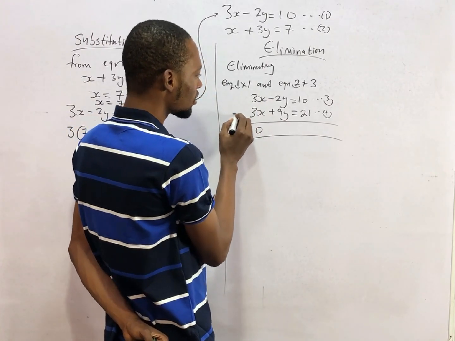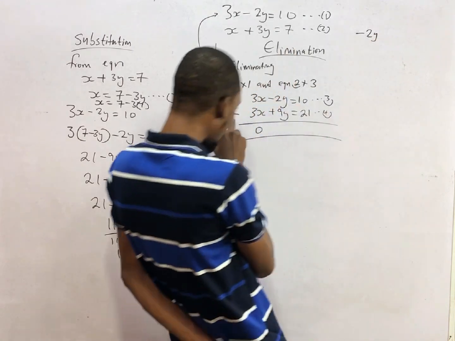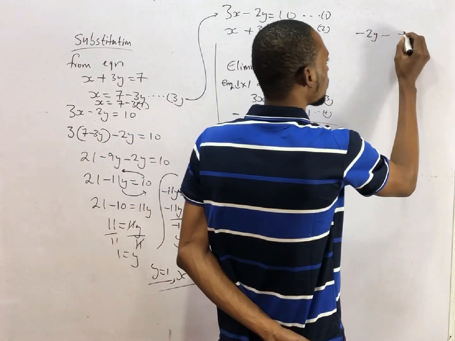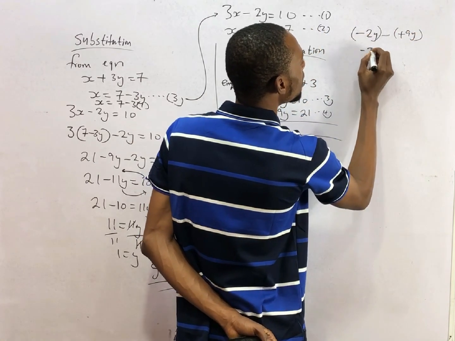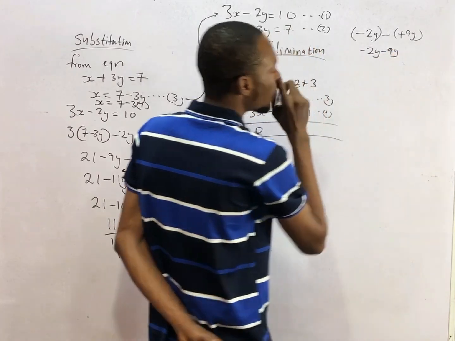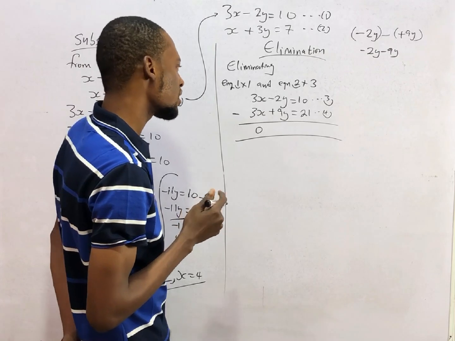How about here? Remember, we are subtracting. So here will simply be minus 2y minus plus 9y. Minus times plus is minus, so minus 2y minus 9y, that is minus 11y.